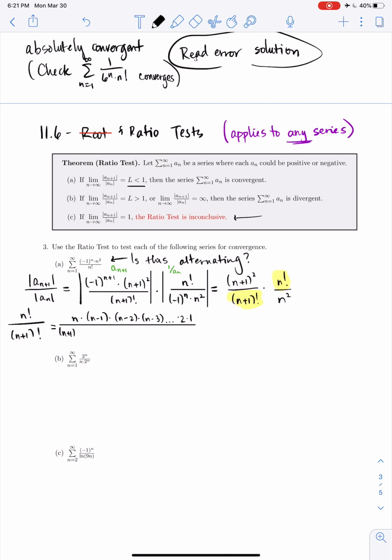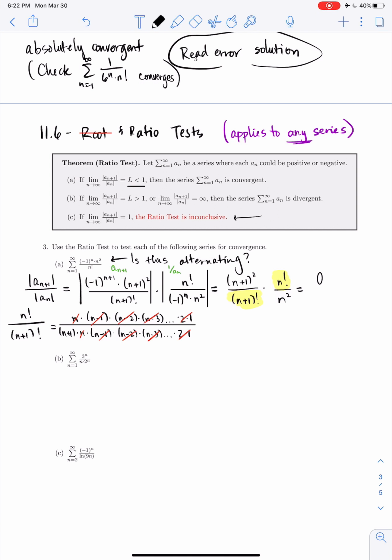Similarly, n plus 1 factorial is n plus 1 times n times n minus 1 times n minus 2 times n minus 3, march down the line, times 2 times 1. So anytime you have factorials in both the numerator and the denominator of the same term, you're going to get massive cancellation. Everything in the smaller term's factorial is actually contained in the larger term's factorial.